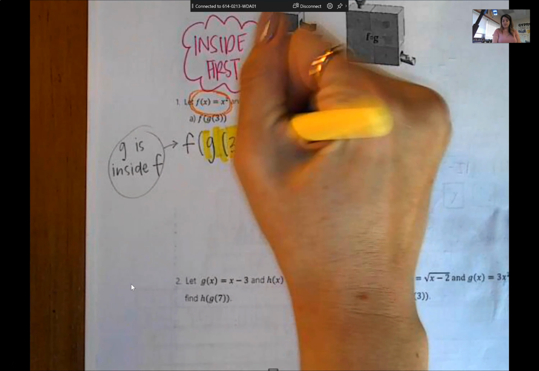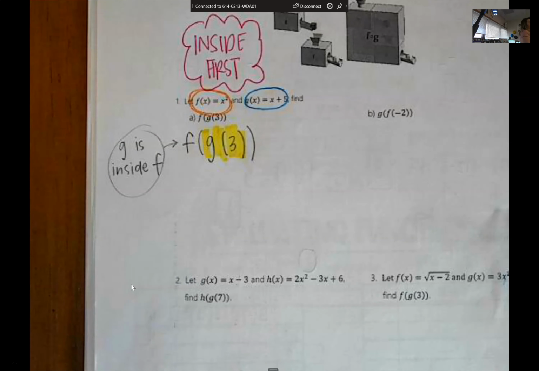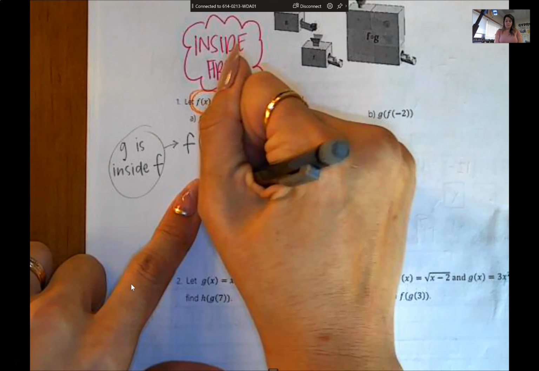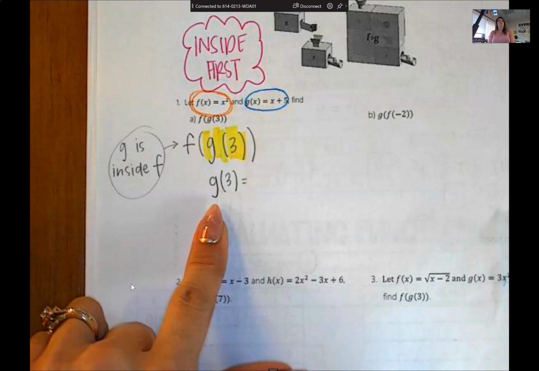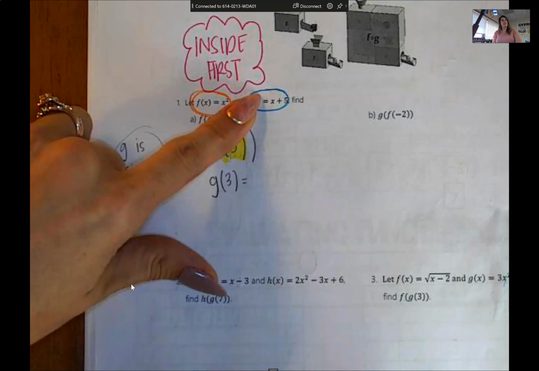And we already know how to do that because we've done whiteboard questions on it and we just did a quiz on it, and you guys did really well on that quiz. So what I'm going to do is I'm going to say g of 3 equals. So notice I've taken it out of the sandwich. g of 3. Okay, well g is this guy.